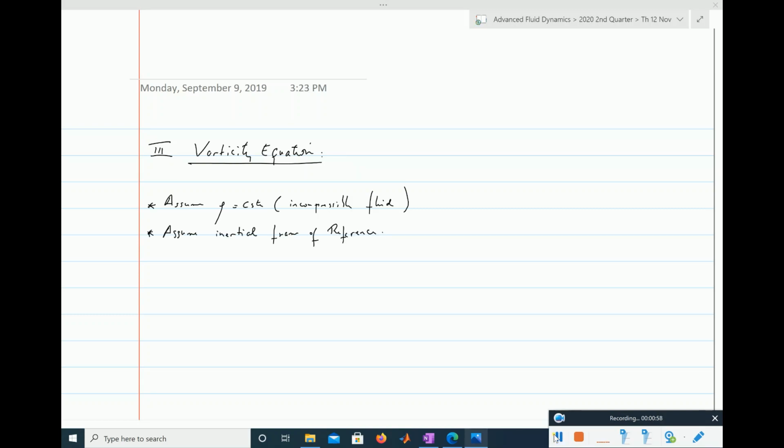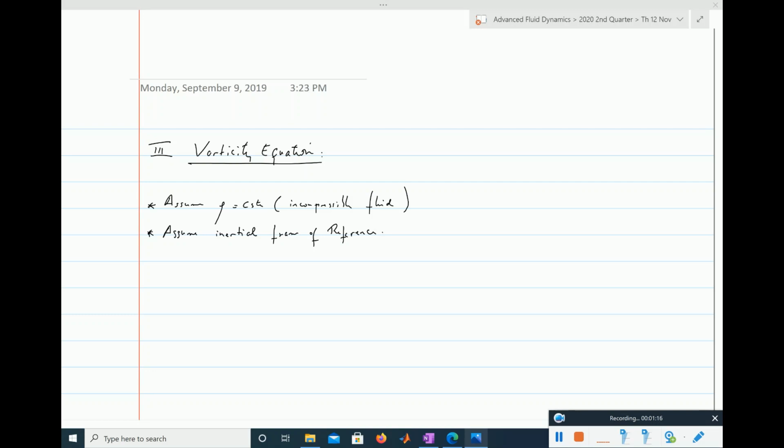Then we are going to assume that we are in an inertial frame of reference. I haven't discussed inertial frames of reference too much here. That means that we are in a Galilean frame of reference, a frame of reference where we can impose Newton's second law.